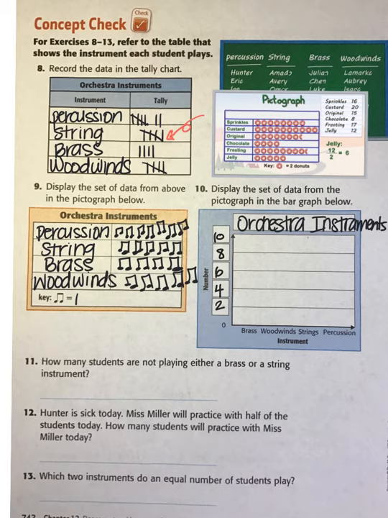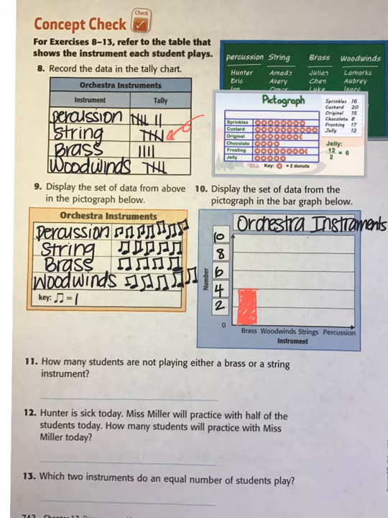So for brass, we had 1, 2, 3, 4. So we're going to go up to our 4 line. We're going to draw a line across, and I'm actually going to choose a different color. So for brass, we had 4. And we're going to color that in. Okay, that's for brass.